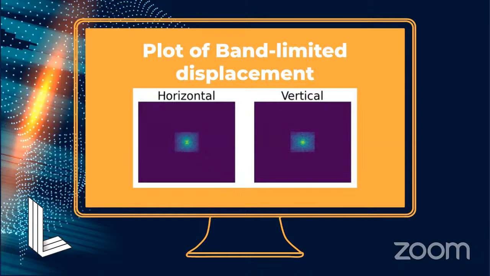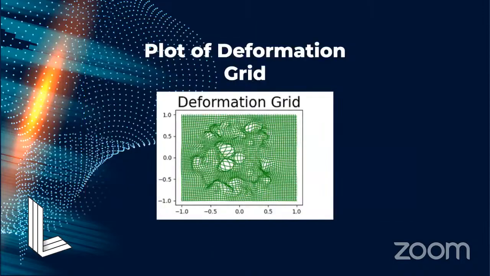So here's a plot of the band limited displacement. Instead of using the original high resolution images of the fixed and moving images as input for the network, the authors utilized a band limited representation of these images. To achieve this, they first transformed the images into the Fourier domain using the discrete Fourier transformation layer, and then cropped the resulting data to extract low frequency signals and send that to the decoder.